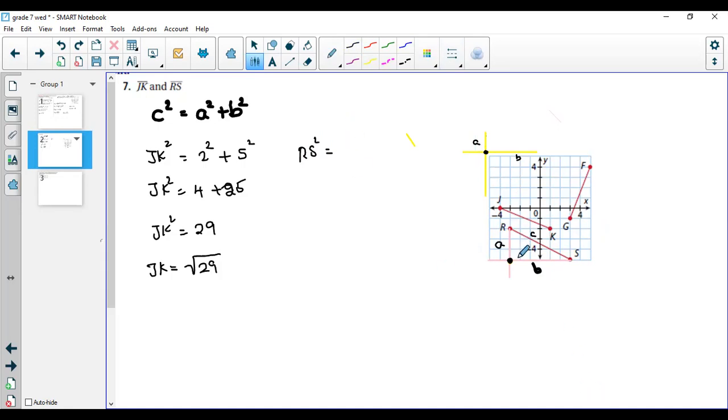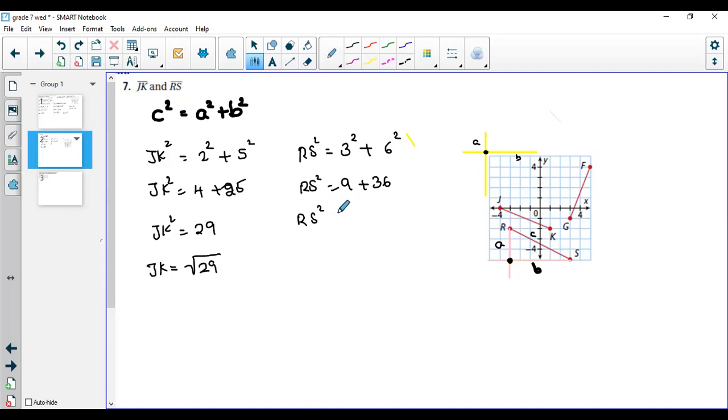Now, how much is the distance of A, from this point till R? How many squares do we have? 3. So 3 square plus, from this point till S, how many squares do we have? 1, 2, 3, 4, 5, 6. So 6 square. That means RS square is going to be 9 plus 36, because 6 square is 36.